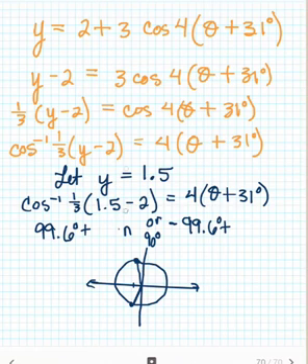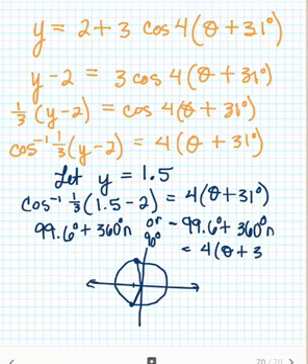Excuse me, this should be 360 degrees, right? Or negative 99.6 degrees plus 360 degrees equals 4 times theta plus 31 degrees. Okay, well, that's pretty confusing.